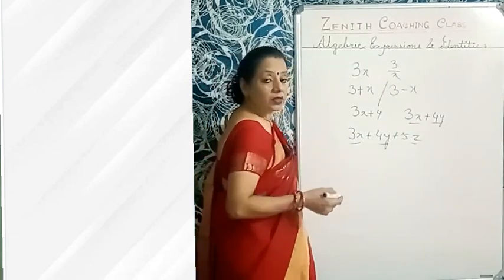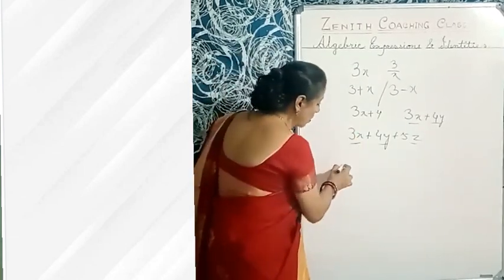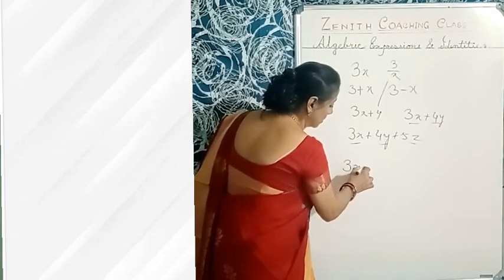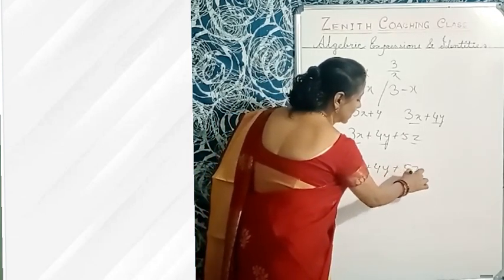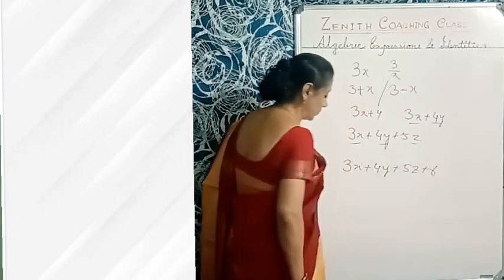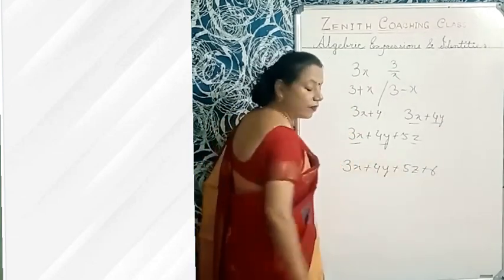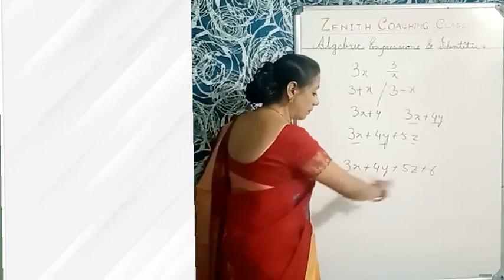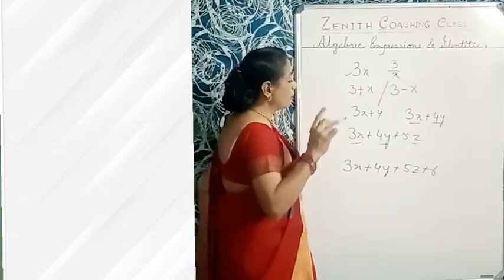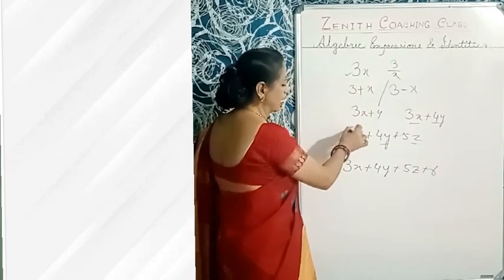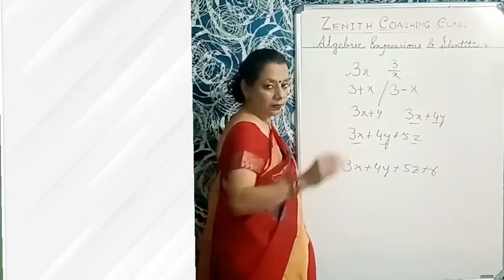Beyond trinomial, these are multinomials. So 3x plus 4y plus 5z plus 6: 1, 2, 3, 4, there are 4 terms. That is a multinomial. So those are the categories of polynomial: monomial, binomial, trinomial and multinomial.